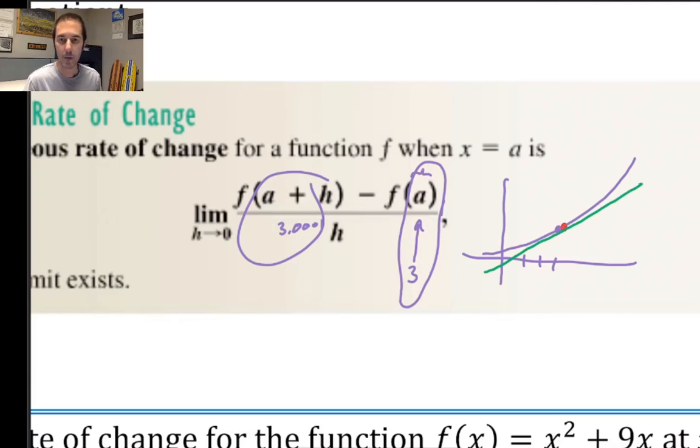And if we can get those 2 points to be, in a way, infinitely close to each other by taking the limit as h goes to 0, infinitely close together so that the difference between their x-coordinates is almost 0, then we will end up with an actual instantaneous rate of change.